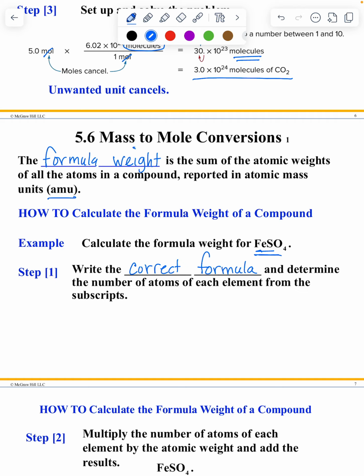So the chemical name of this particular compound would be iron 2 sulfate. And so just make sure that you can go from a chemical name to a chemical formula and then vice versa. So in order to calculate the formula weight, we do need to have the chemical formula.